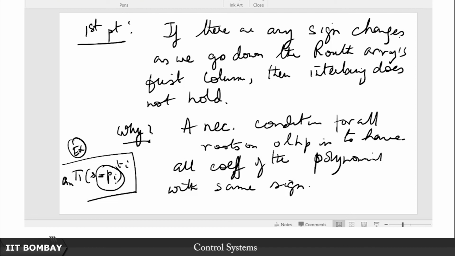Because if you have a real polynomial with real coefficients and its roots are complex, then they must appear in conjugate pairs. That is the key. So even if pi were a complex number on the left half plane, even then all the coefficients must have the same sign. It is a necessary condition for all roots to be on the left half plane. As I said, clearly not sufficient.